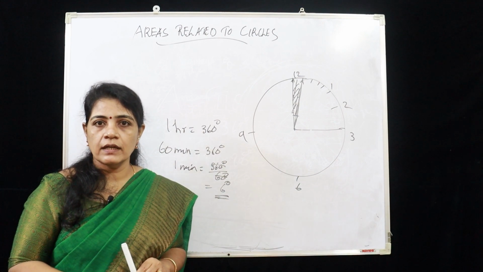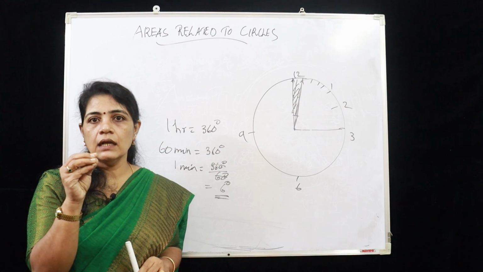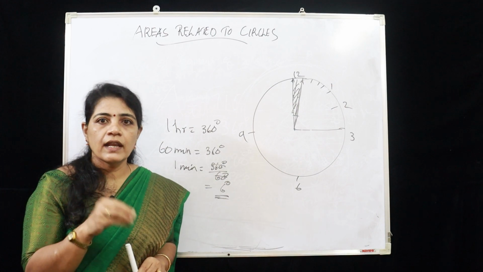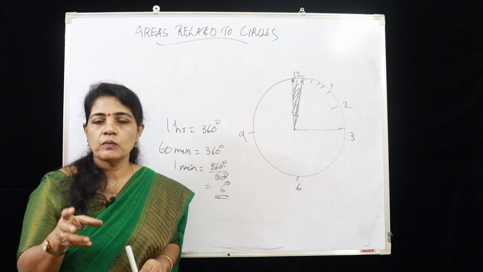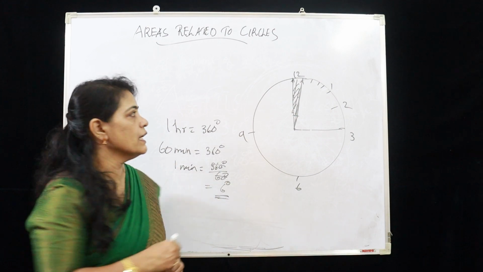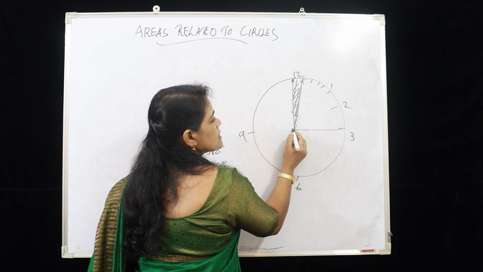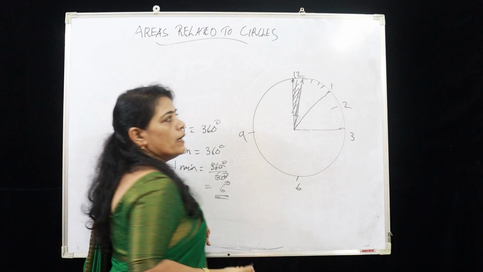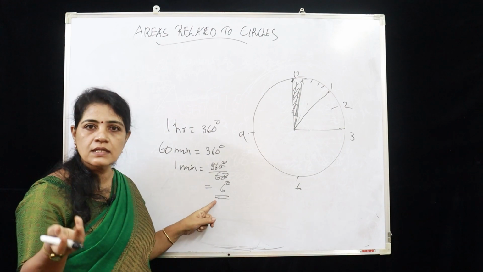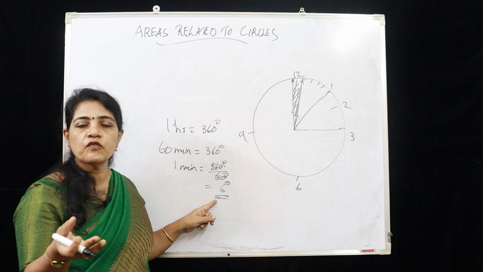So in 10 minutes, you can easily calculate the angle, and you can also calculate the area swept by the minute hand after 10 minutes, or 5 minutes. 5 minutes means it will be at 1. If 1 minute is 6 degree, then in 5 minutes it is 6 into 5, that is 30.